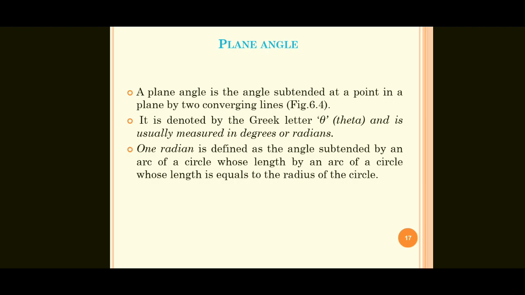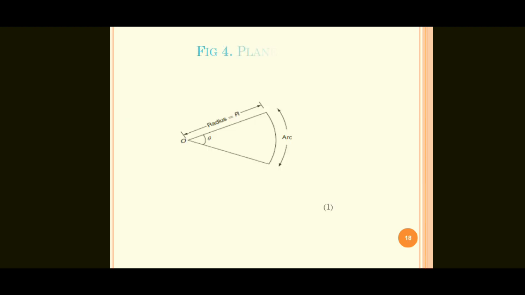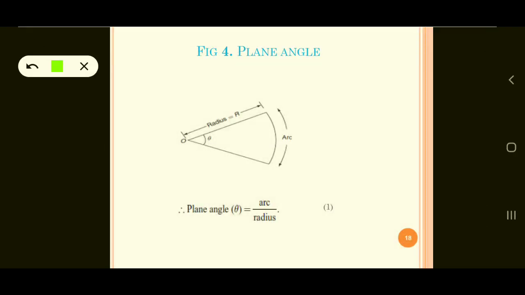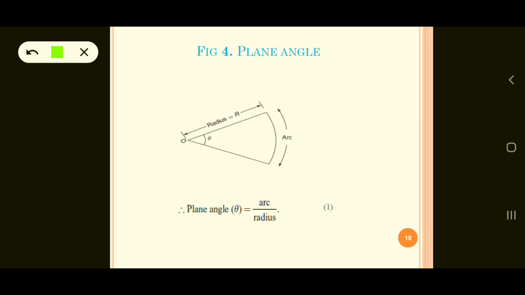Now, the next slide shows the figure of this plane angle. So here, what is the definition of plane angle we have covered? The angle subtended at a point in a plane by two converging lines.